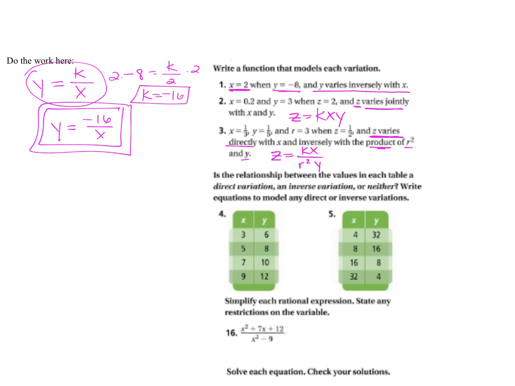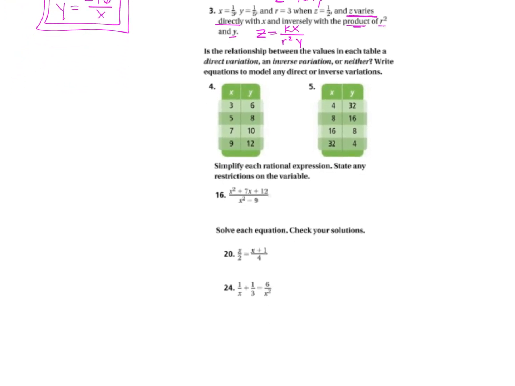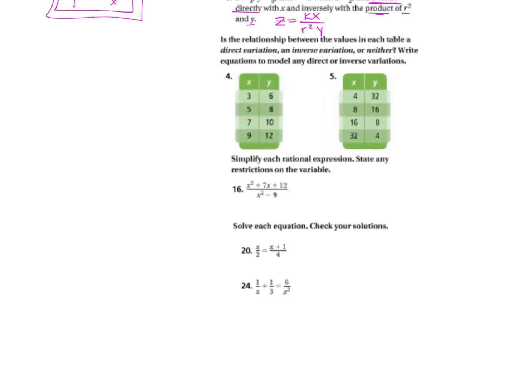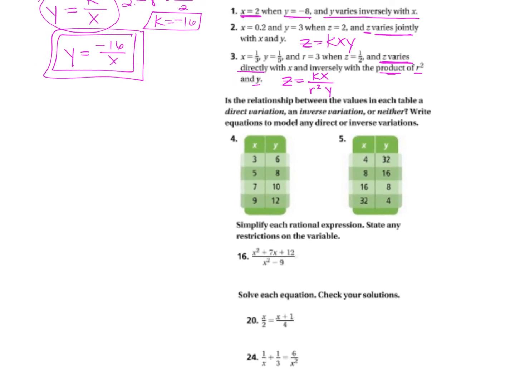Okay? If you just follow their wording and put a symbol or a letter with a word, it's pretty true to the order that they come in. Okay. I'm going to stop there.